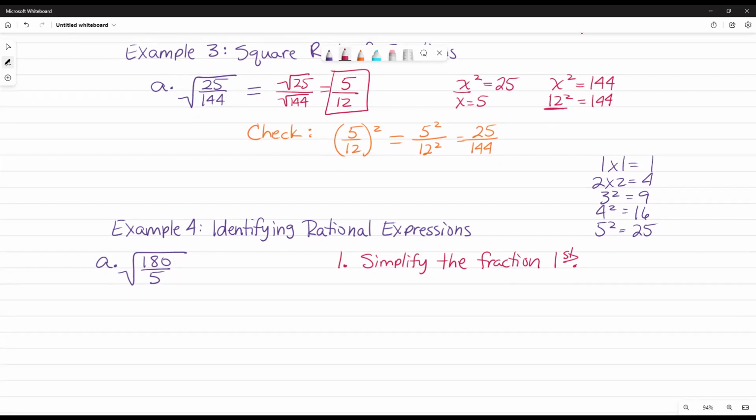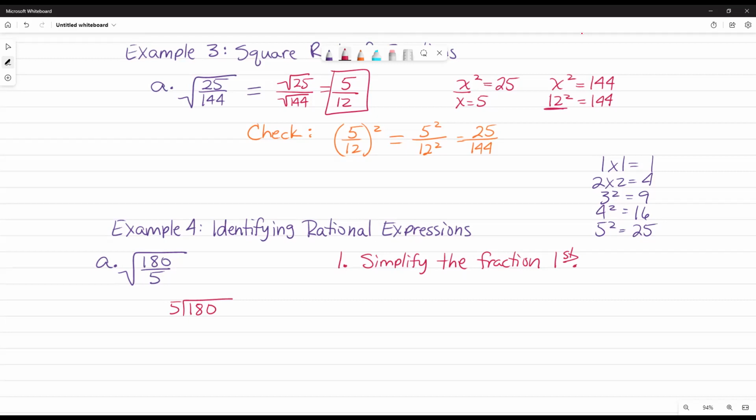So instead, I want to go ahead and simplify 5 into 180. Only do this if you know you're going to get a whole number. Like in this case, it ends in 0, so I know 5 is going to go into it. If it was 32 over 4, we know 4 goes into 32 8 times. So you can simplify that first if it's a whole number.